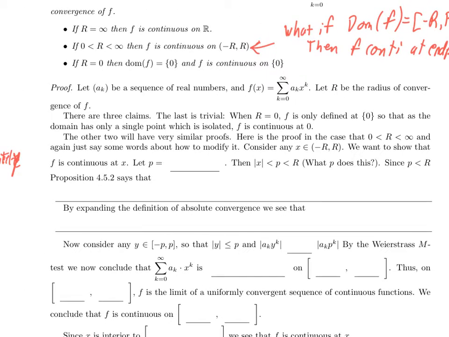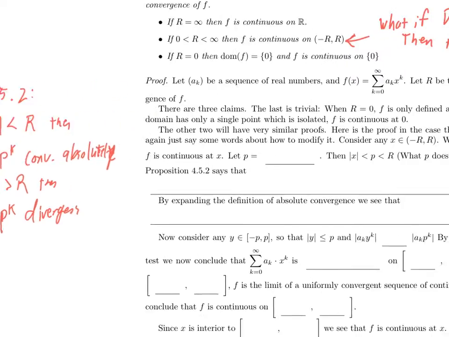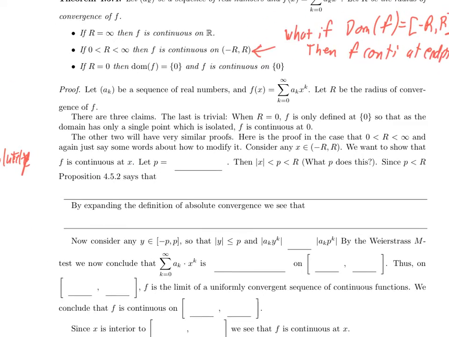Because anything else would have absolute value of p bigger than 0. So the series would diverge at p. So the domain only contains the singleton 0. But notice, 0 is an isolated point of the singleton 0. Any function is always continuous at an isolated point of the domain.